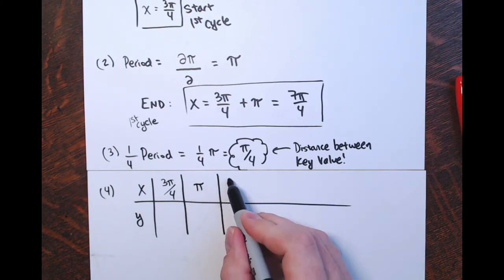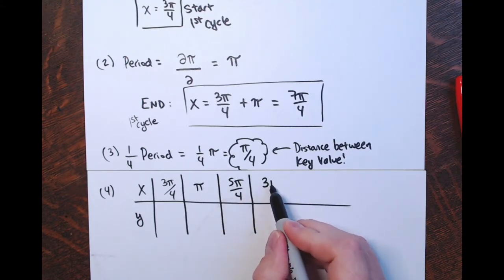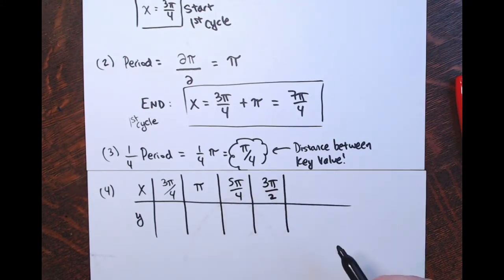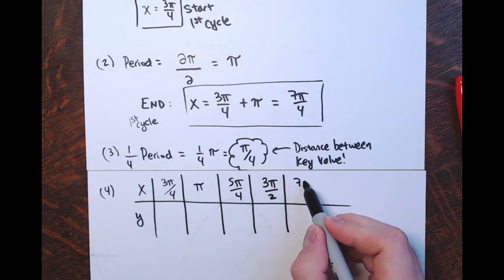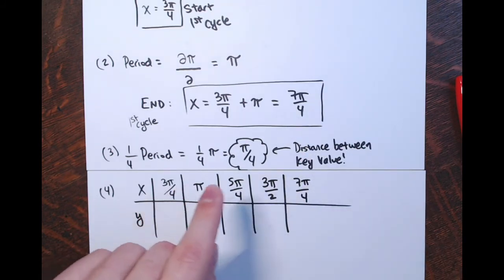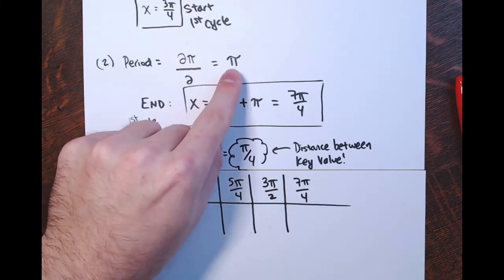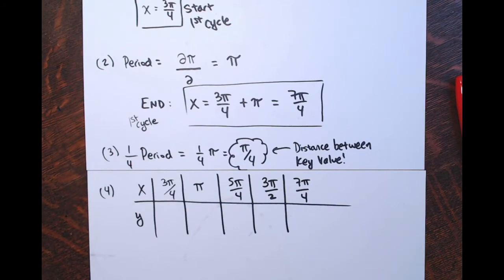Add another pi over 4, that's 5 pi over 4. Add another pi over 4, that's 6 pi over 4, which is 3 pi over 2. And then add another one, that's 7 pi over 4, like I said I was going to end at. See, the distance between the first value and last value is pi, which is the period. This should be a good chart for one cycle, one period.